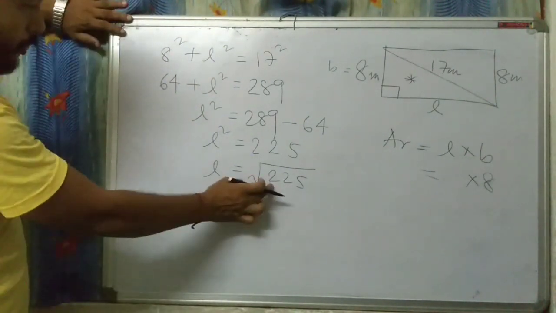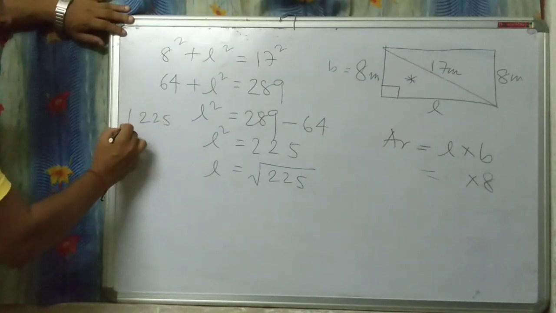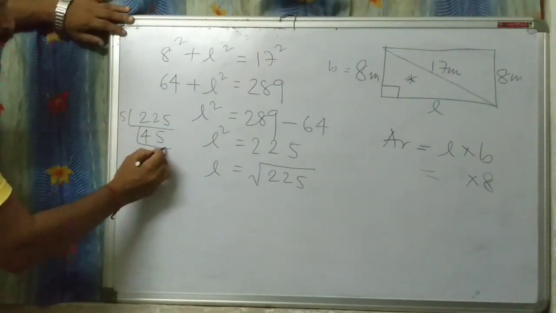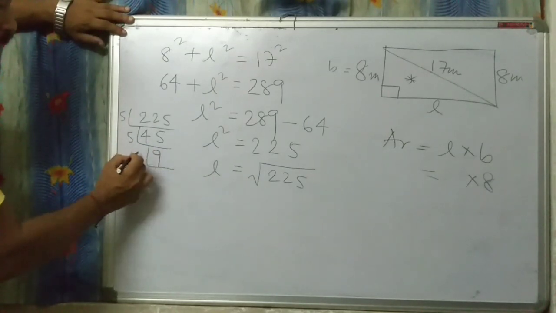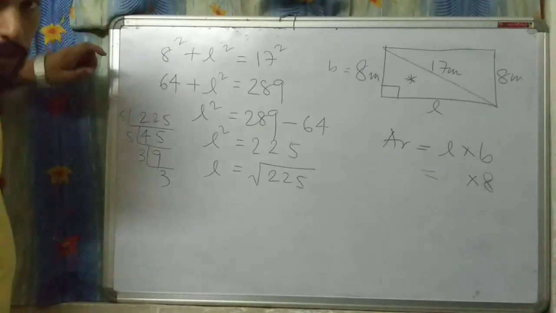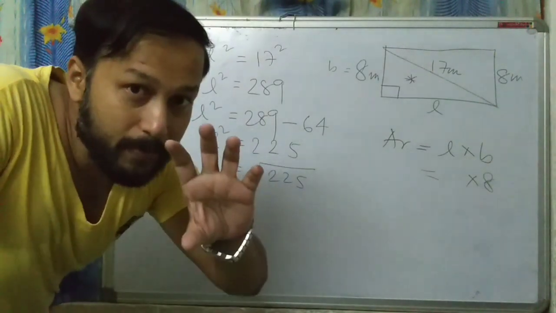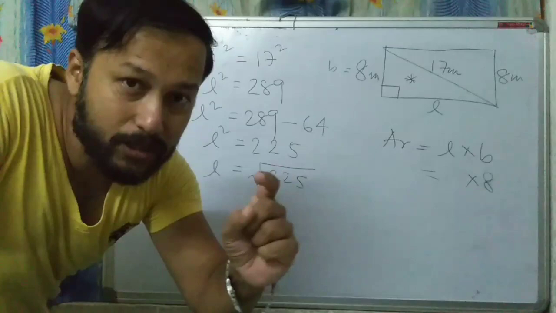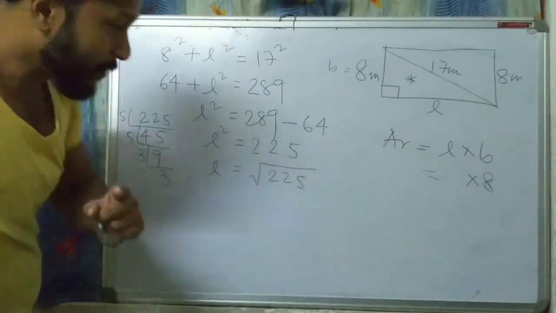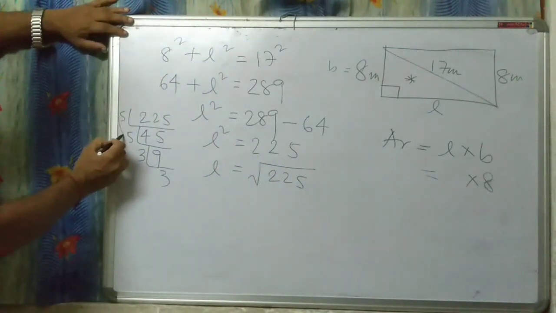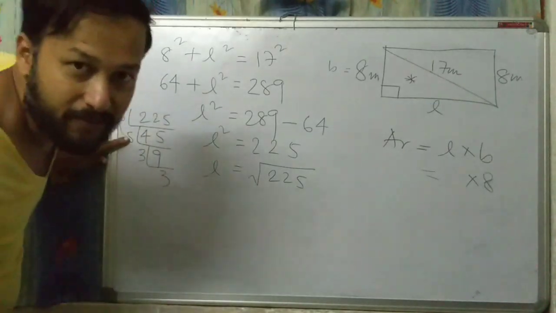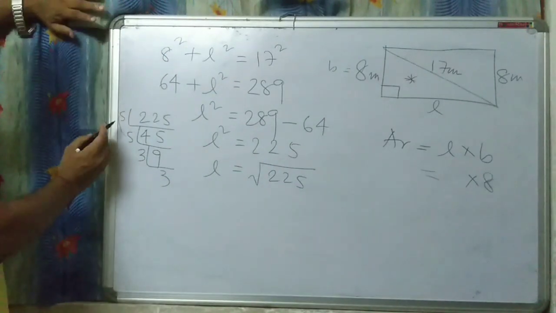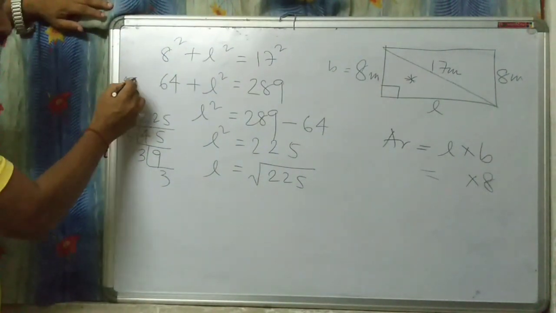How? 225, 5 times 45, 5 times 9, 3 times 3. Now from here, from a pair, we have to take 1. I mean from two numbers we have to take 1. Like from these two numbers there is double 5, I have to take one 5.